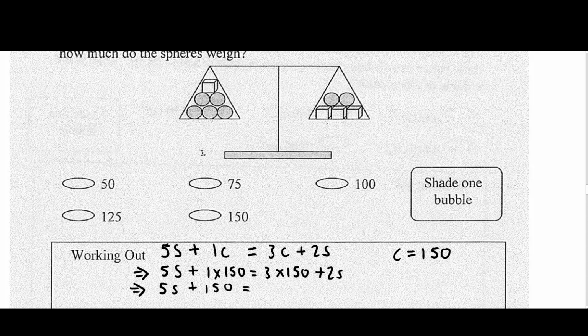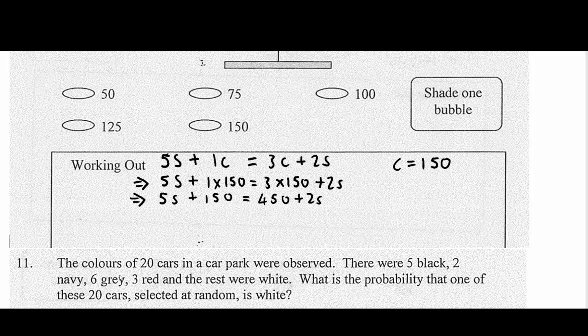So 2 times 150 gives us 300. So 3 times is 450 plus 2 spheres.